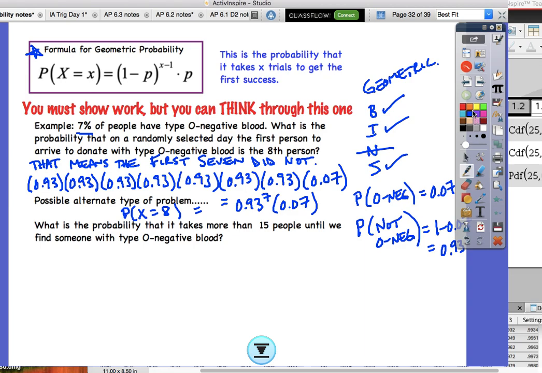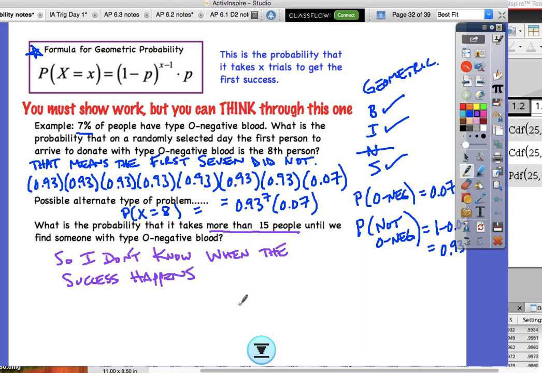The next problem says, what's the probability that it takes more than 15 people until we find someone with type O blood? I don't know when the success happens. I only know that it took more than 15 people. So if it took more than 15 people, that would imply that the first 15 failed.